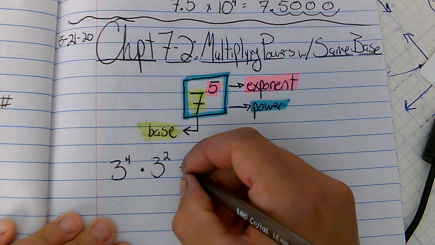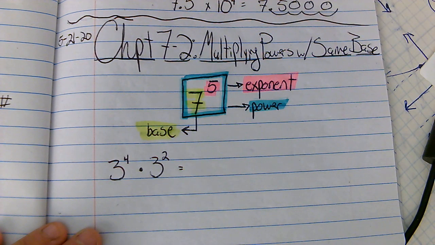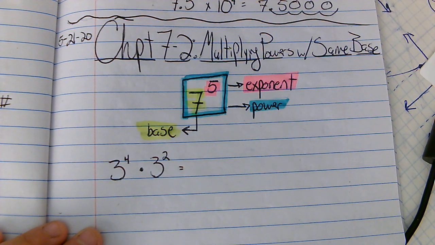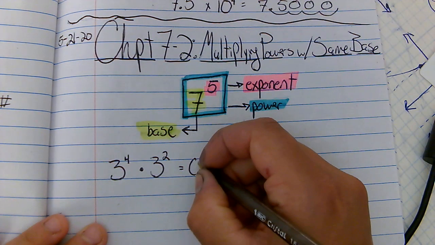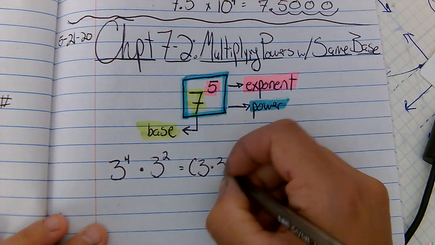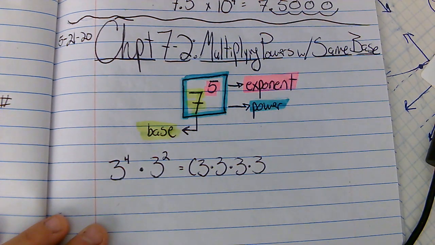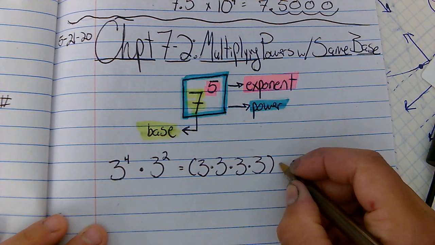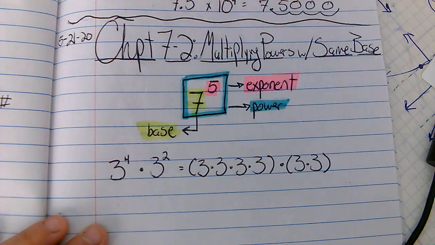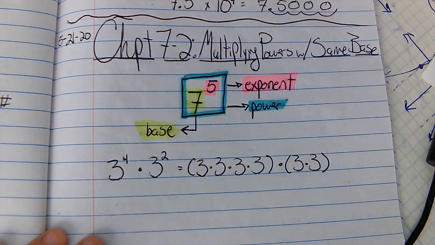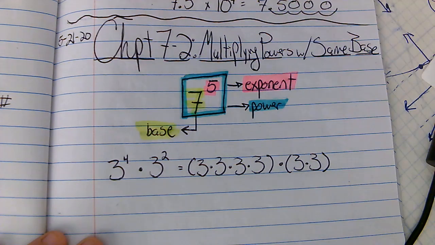So I'm just going to write this one out the full way so you can see why it happens, but you don't have to write this out every single time you do problems like this. So 3 to the 4th power, I know, is 3 times itself 4 times. And that is being multiplied by 3 times itself twice. So if you look, I've got 1, 2, 3, 4, 5, 6 3's.